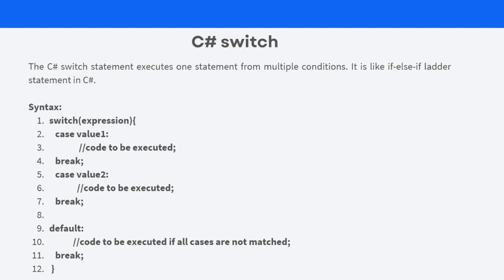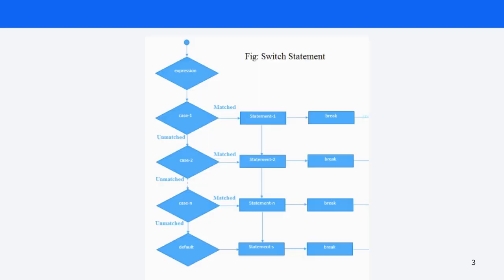And if none of the cases match, then it will automatically run the default code. After the code in each case, we mention the break statement. Here you can see the flow of the switch statement in this flow diagram.